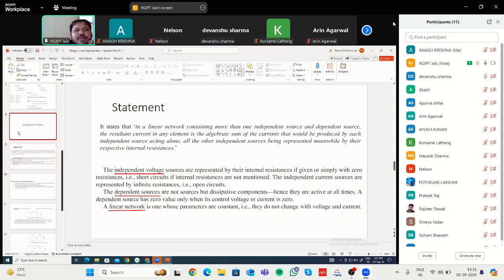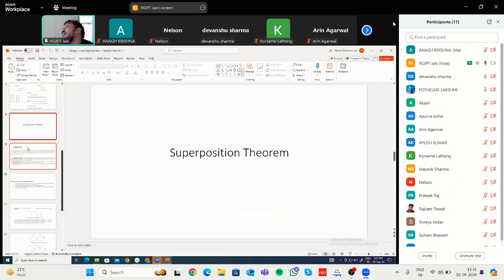Next is superposition theorem. When to apply superposition theorem? When you have multiple independent sources, then you mainly apply superposition theorem. But the circuit on which you are applying it has to satisfy some conditions.